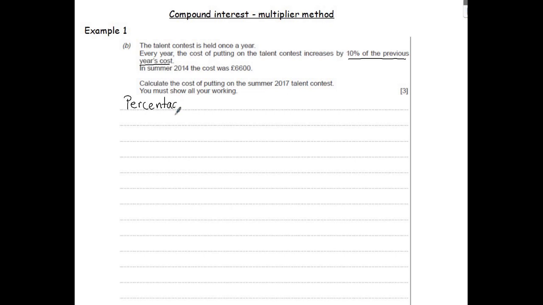So find the percentage multiplier first of all. That is your first step. Step 1, find the percentage multiplier. And how do we do that? Well, always start with 100%. Work out if it's going up, it's an increase, so the original amount is going up by 10%.